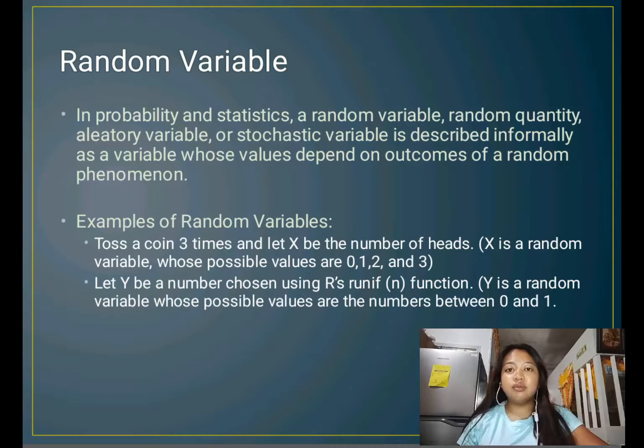A random variable is a variable whose value is subject to variations due to chance, or randomness in a mathematical sense. As opposed to other mathematical variables, a random variable conceptually does not have a single fixed value, even if unknown. Rather, it can take on a set of possible different values, each with an associated probability.